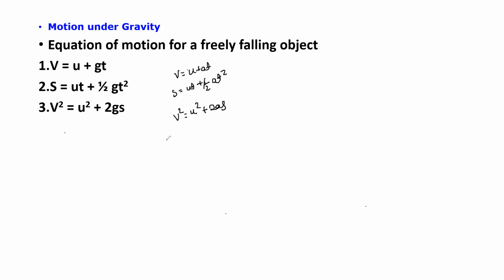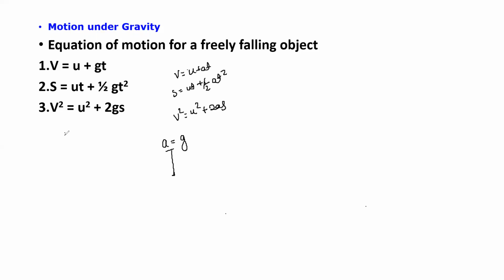In these equations, we can substitute the acceleration A with the acceleration due to gravity g when the object is falling freely. Therefore the equations become V is equal to U plus gt, S is equal to UT plus half gt square, V square is equal to U square plus 2gs. In place of A, I have just substituted g, that is acceleration due to gravity.